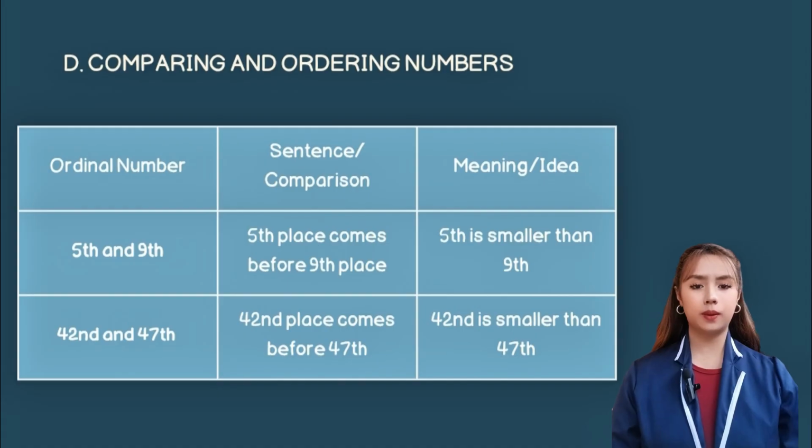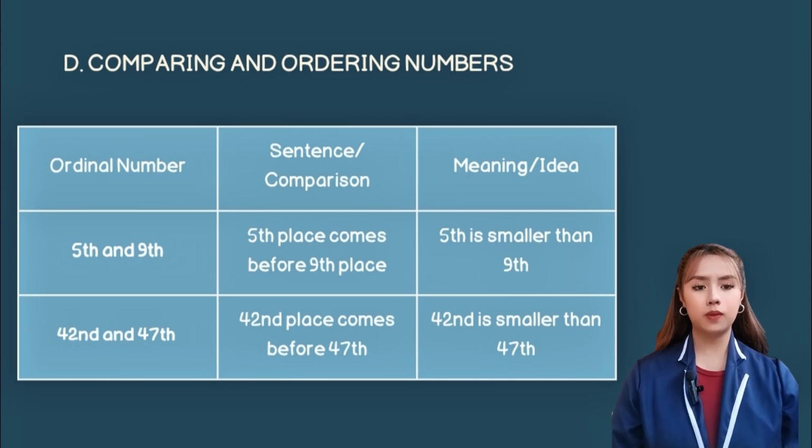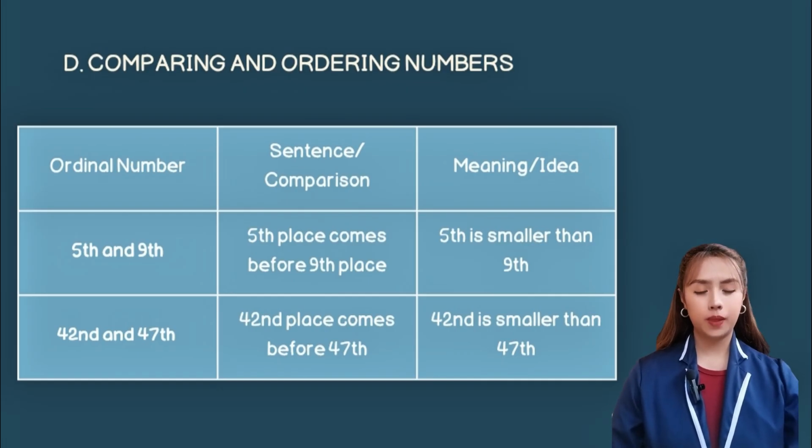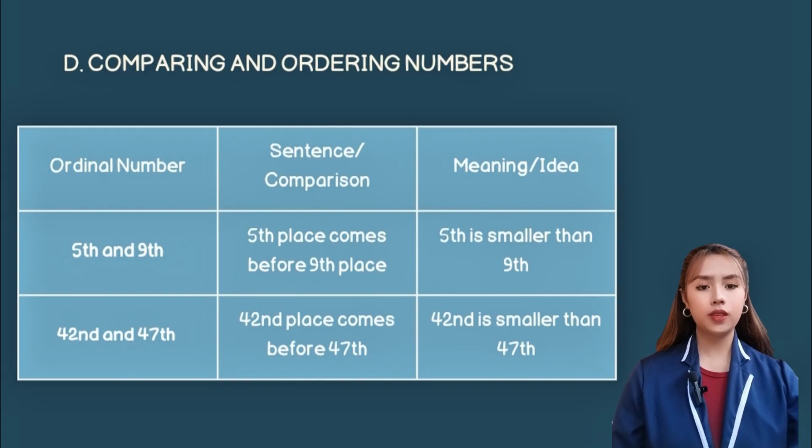Comparing and ordering numbers. So, here we can see how to compare and order ordinal numbers from example. When we look at the fifth and the ninth place, we can say that the fifth place comes before the ninth place. This means that the fifth place is smaller than the ninth place. Another, 42nd and 47th place.